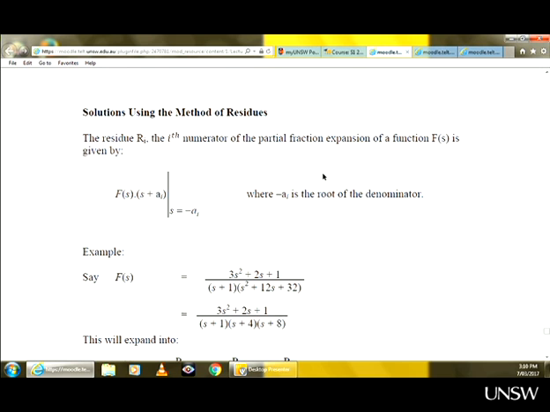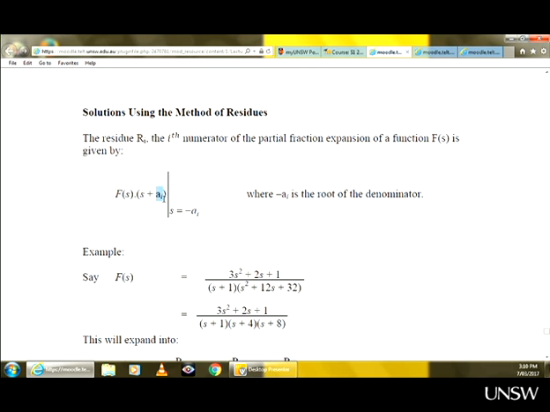So you can't have s plus 3 squared. Then this method doesn't work. There is a way it works, but not the way explained here. So if all roots of the denominator are real and different, you can apply this. Those roots we can call A_i, so A1, A2, A3, up to however many roots you have.